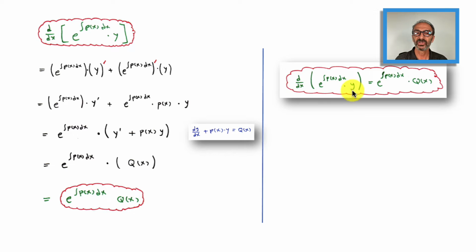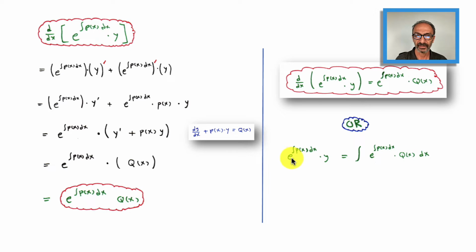Now we need to reach y. So I'm going to integrate both sides to cancel d/dx. With that, I'm going to get on the left e to the integral p of x dx multiplied by y, and the right hand side is going to show an integral, of course, with respect to x.